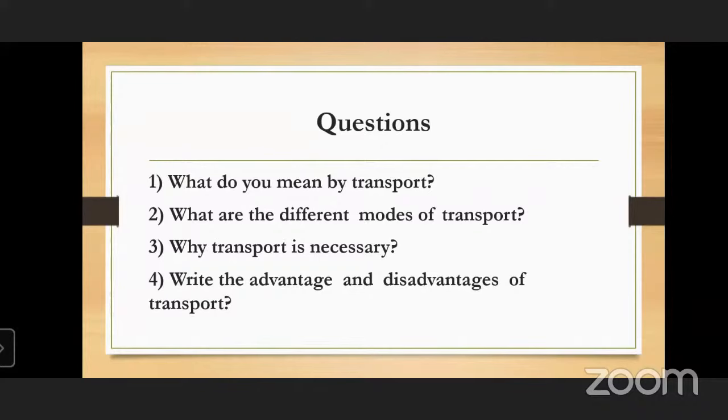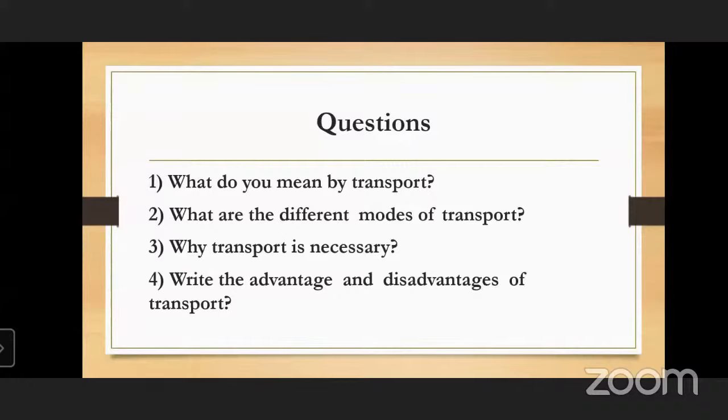Third question. Why is transport necessary?